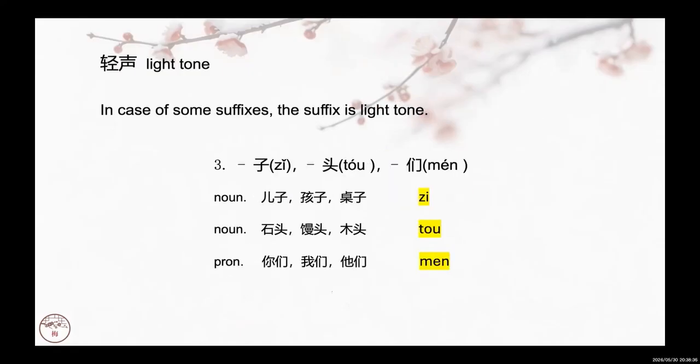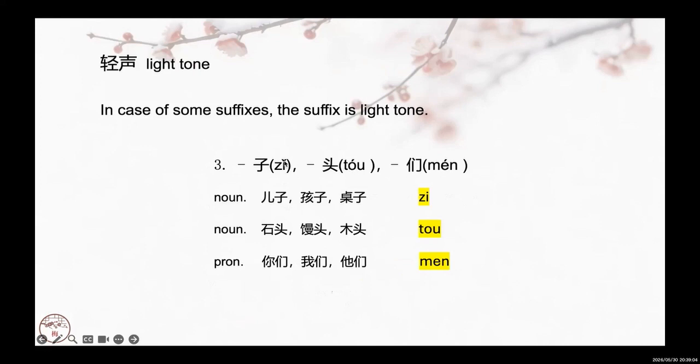The third situation for the lighter tone is about the suffix. We have some very frequently used suffixes. They are 子 or 头 or 门. See, either of them has their own tone, right?